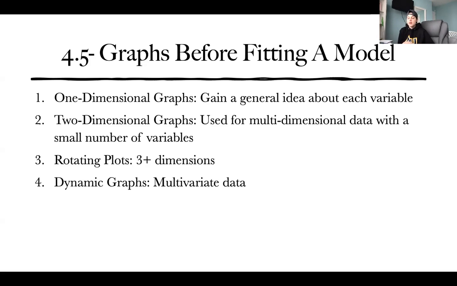The second group of graphs is our two-dimensional graphs. This is used when we have a set of multi-dimensional data. Only when we have a small number of variables, we can arrange the pairwise scatter plots in a matrix format.